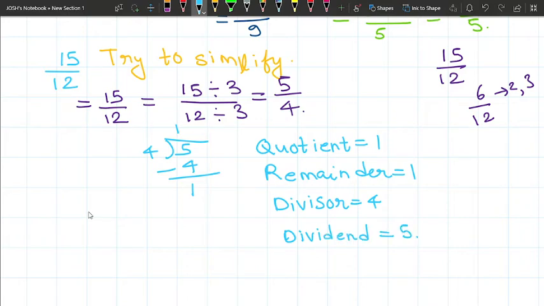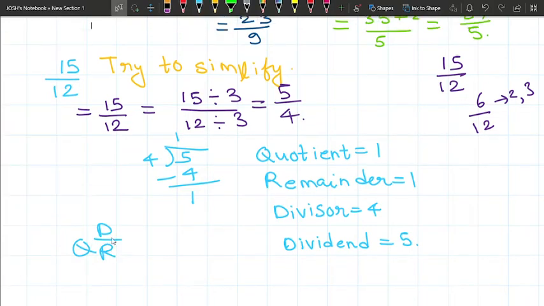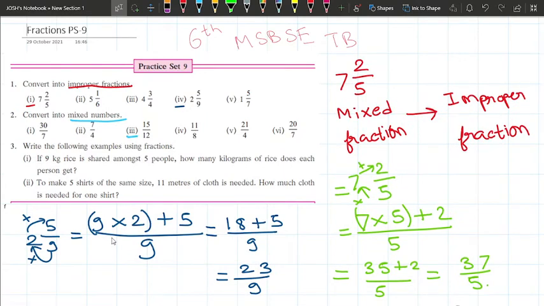So how do you convert to mixed fraction? You write the quotient here, the divisor here, and the remainder here. Let us confirm it once.